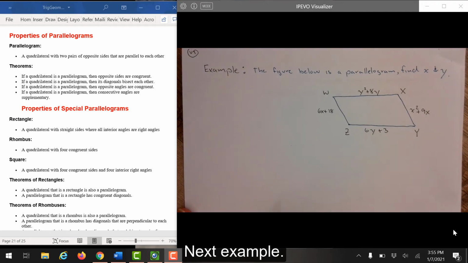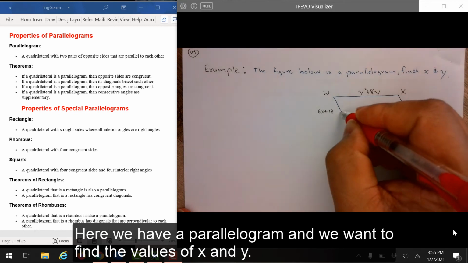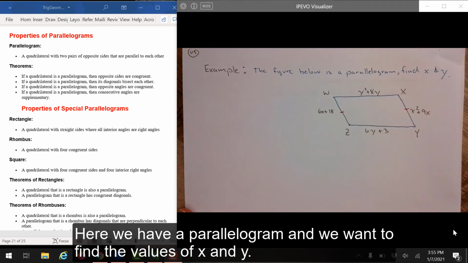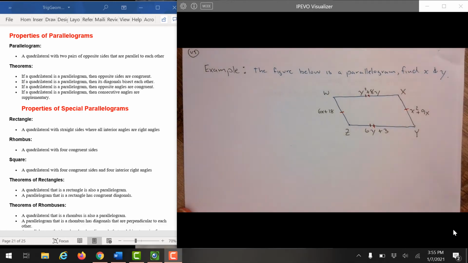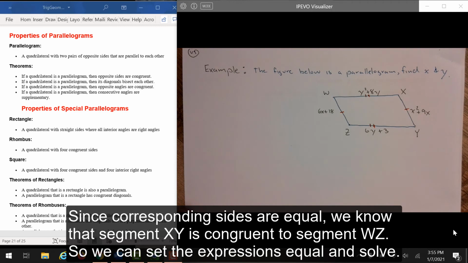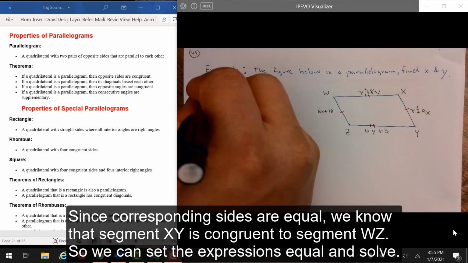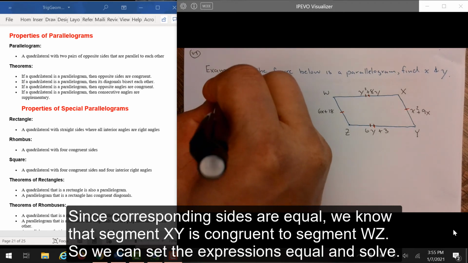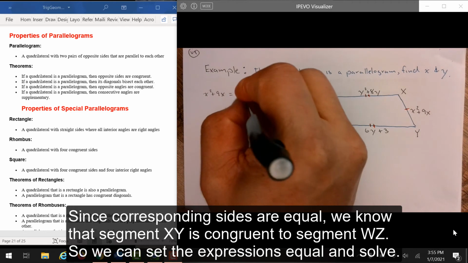Next example. Here we have a parallelogram and we want to find the values of x and y. Since corresponding sides are equal, we know that segment XY is congruent to segment WZ. So we can set the expressions equal and solve.